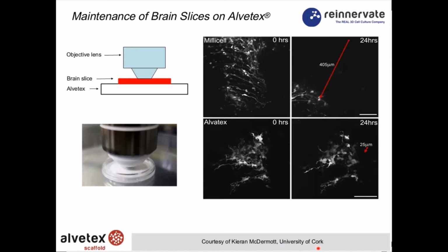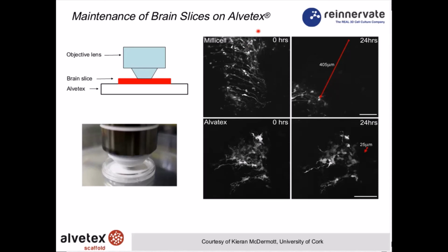So normally they would take a tissue slice and maintain it on a millicell construct. It's a device with a semi-permeable membrane. Looks very similar to this, and you're able to maintain the viability of your tissue slice whilst you're doing live cell imaging and time-lapse video.